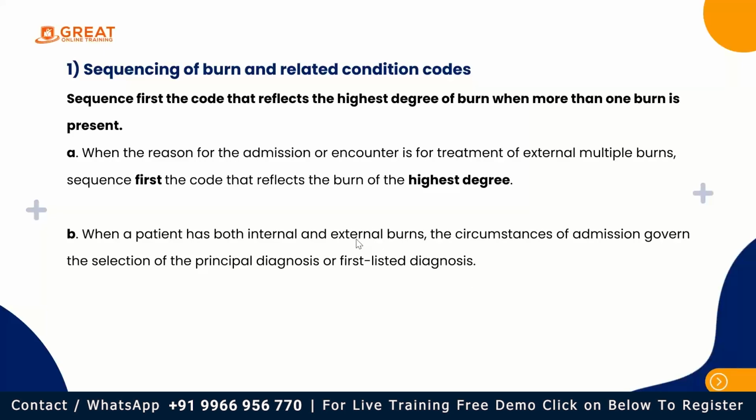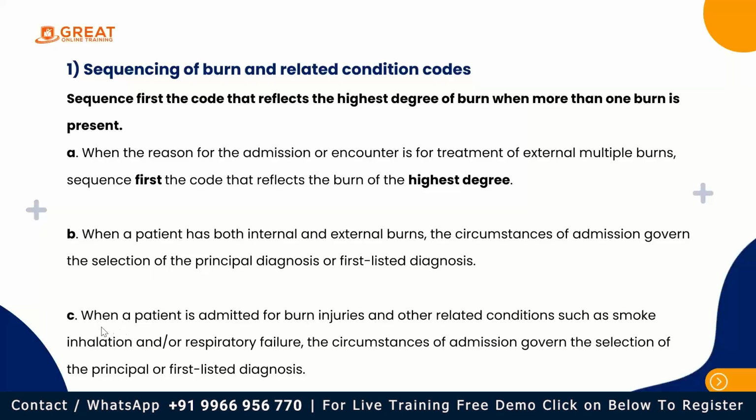Then when a patient has both internal and external burns, the circumstances of admission govern the selection of the principal diagnosis or first listed diagnosis. Because external burns we code with depth and extent, but internal burns we code with site. That's why it depends on the circumstances, the reason for encounter. Then next point, when a patient is admitted for burn injuries and other related conditions such as smoke inhalation and or respiratory failure, the circumstances of admission govern the selection of the principal or first listed diagnosis.